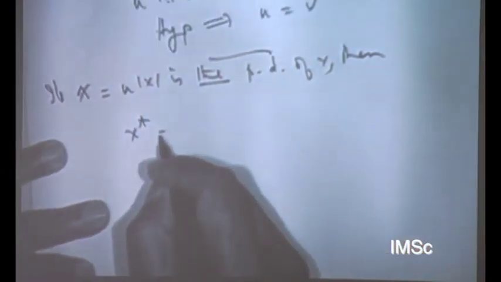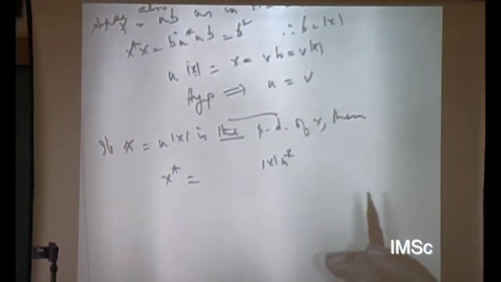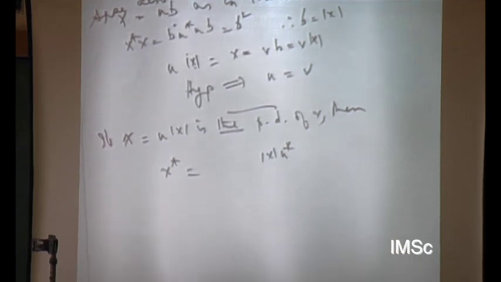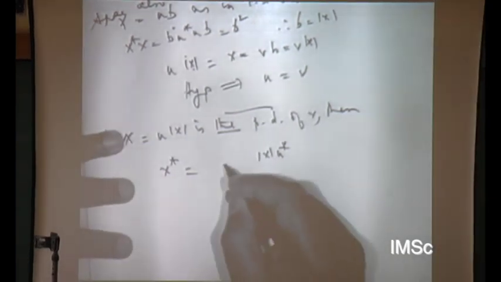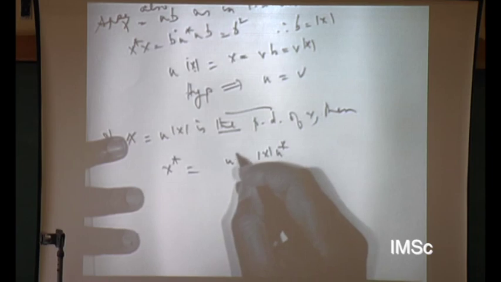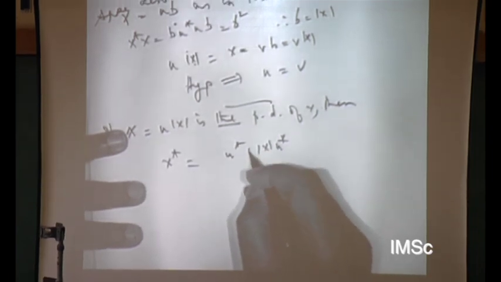What do you get? You get x star equal to mod x u star. Right? But as we just saw, u star u is the identity on the range of mod x. So I can write a u star u without any problem.